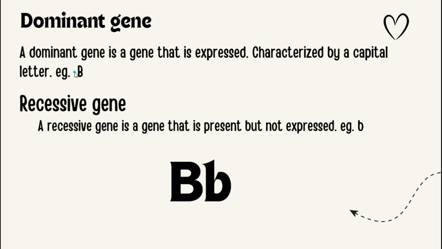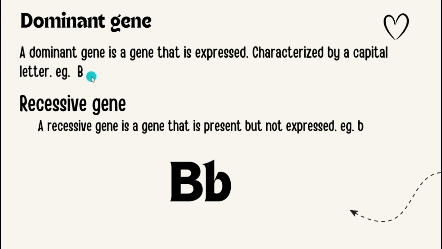But if you get a question, you might see big R for red flowers, little r for white flowers. It depends on the question, it depends on the gene and all that stuff. But in this example, just know that the dominant gene is always the capital letter and the recessive gene is always the lowercase letter.